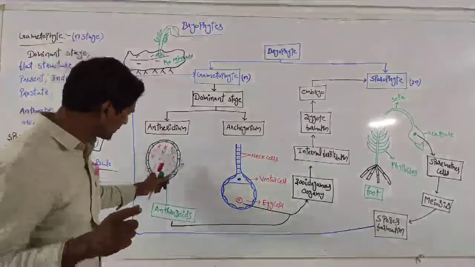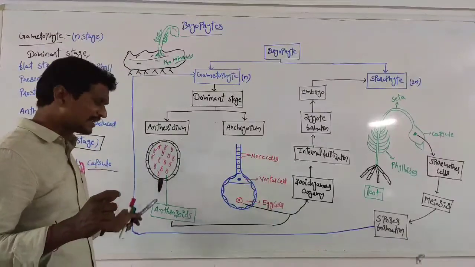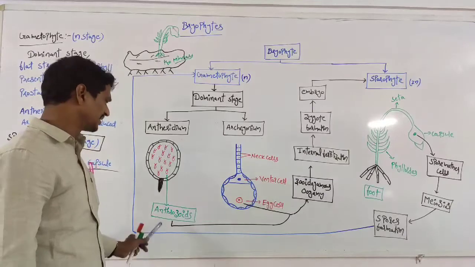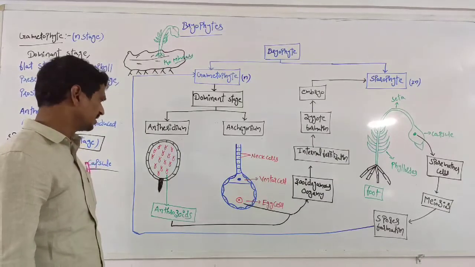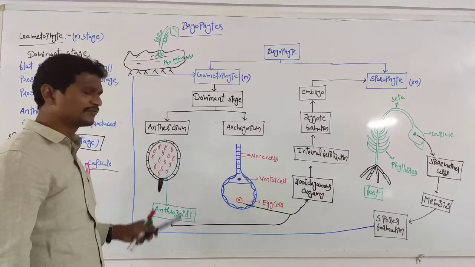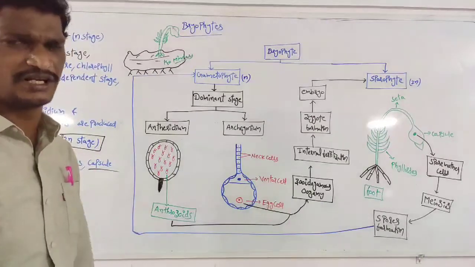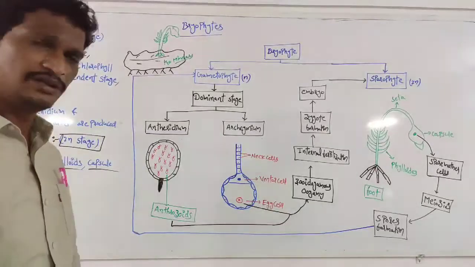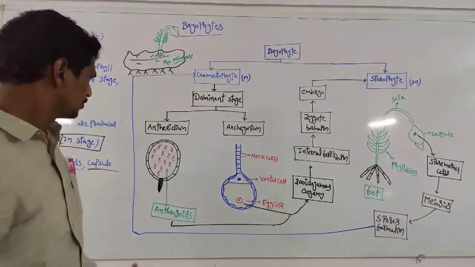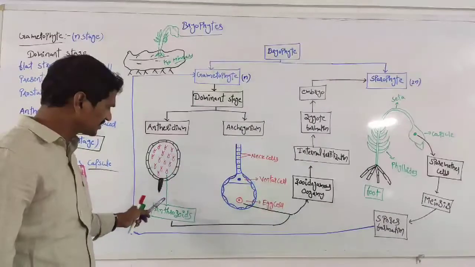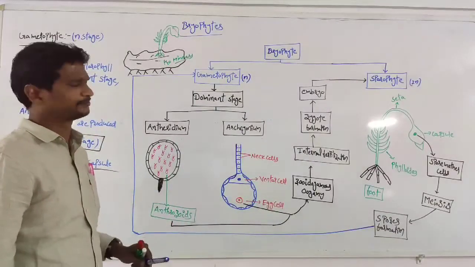Here, these are the male gametes, which are nothing but antherozoids. The male gametes have flagella, which are motile. So these male gametes have flagella, which give them the capacity to move.